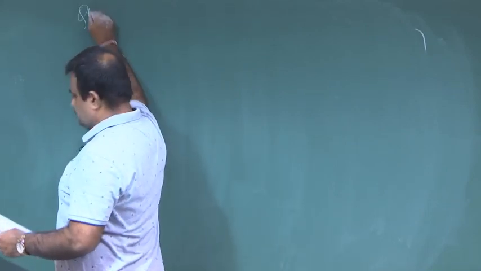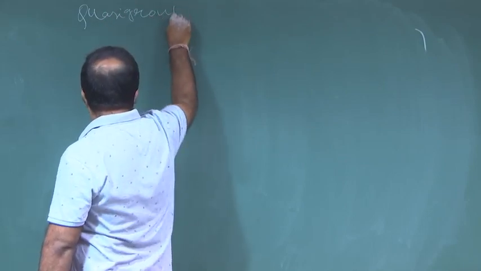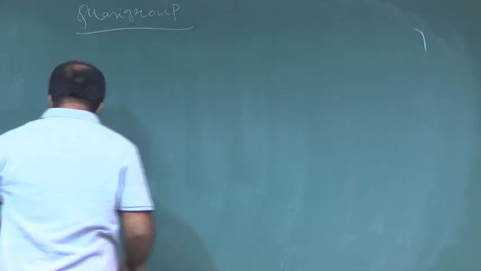So, cohesive group, this is the definition of a cohesive group. Okay.